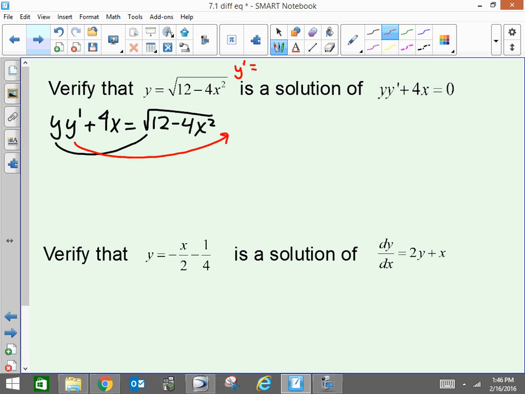Y is what? 12 minus 4x squared to the half. What's y prime? Pull the half around, decrease this by 1, and what's left?